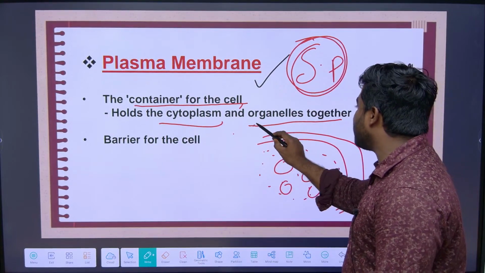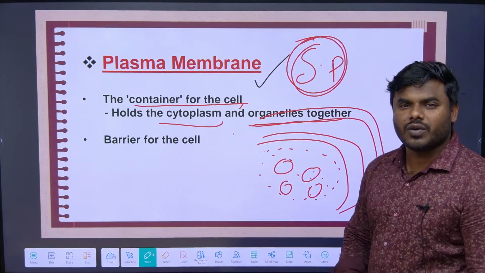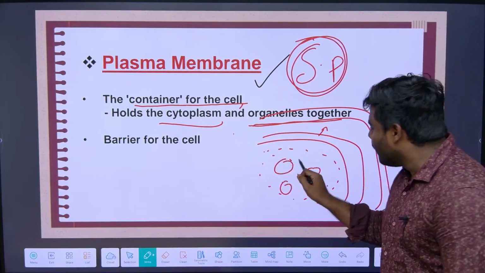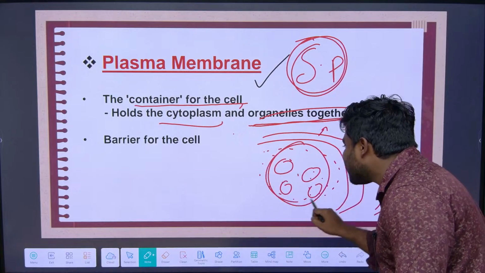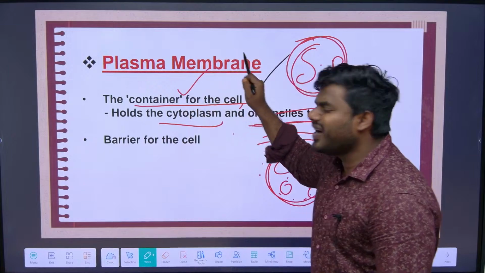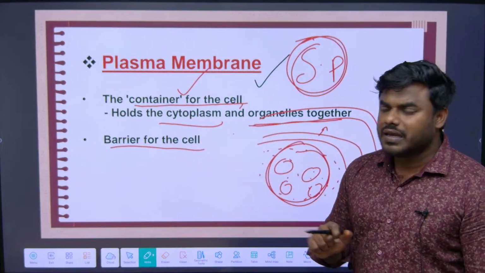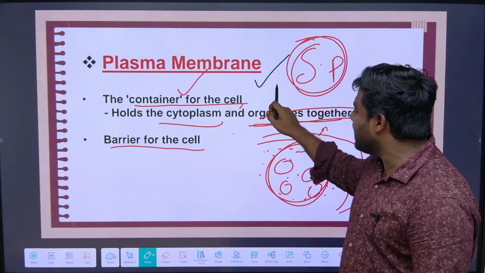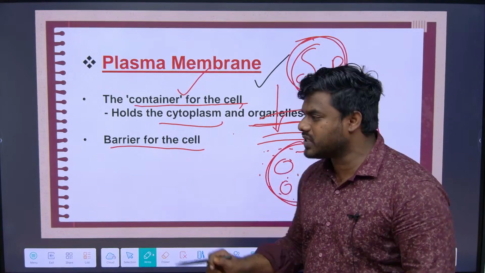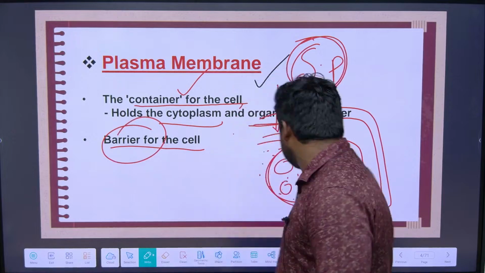If it is a plant cell, the plasma membrane is covered by the cell wall. So what you have to understand is that the plasma membrane acts like a container which is holding all the organelles and the cytoplasm. That's why we call it the container for the cell. And why do we call it the barrier for the cell? Since it is involved in the permeability of selective ions and selective molecules. That's the reason we call it the barrier for the cell.